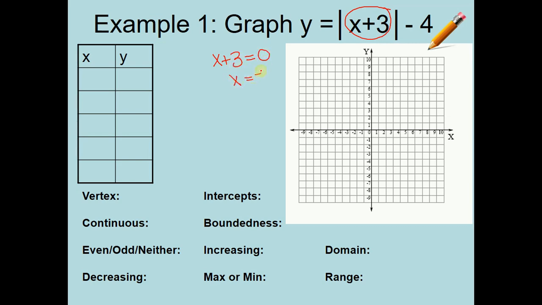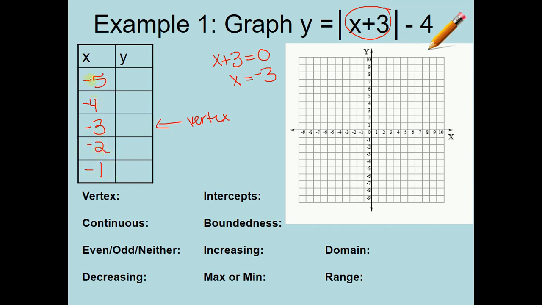So it looks like my vertex is at -3 for an x value. So I'm going to put my vertex in the middle of my graph. So -3. And then I need to give it some groupies around that -3, like -4, -5, -2, -1, that kind of thing.